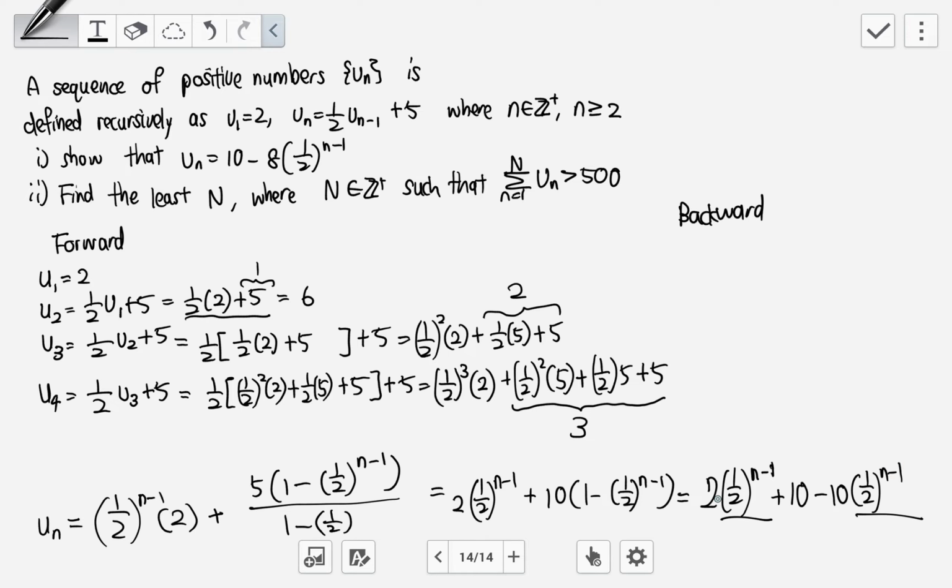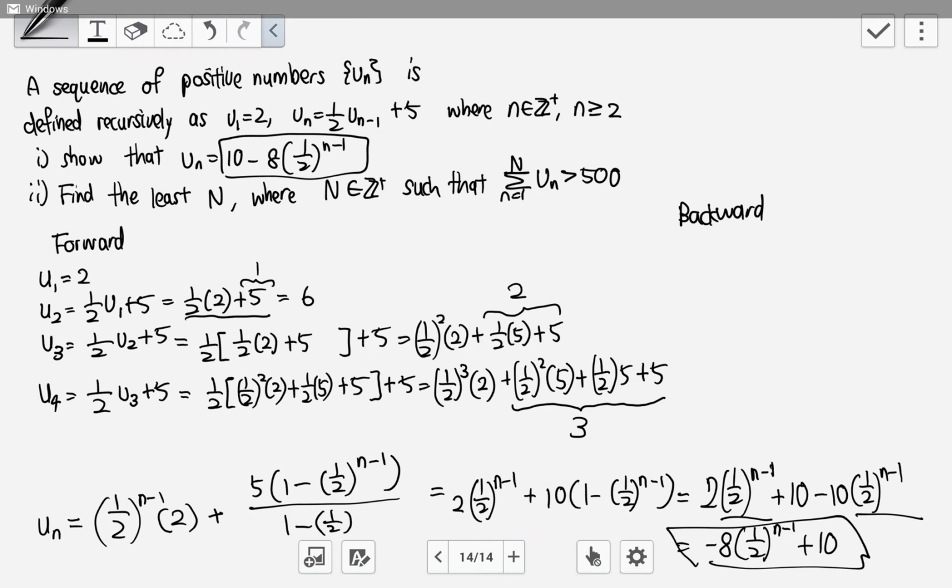So 2 minus 10 is minus 8. So this term is the same as this term, just that the order is changed. So I have shown this part.